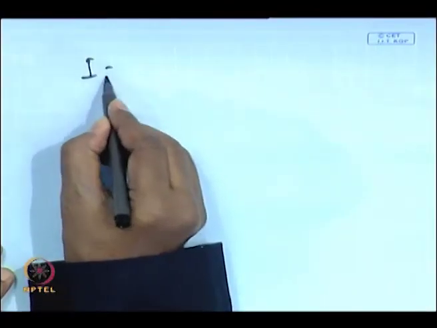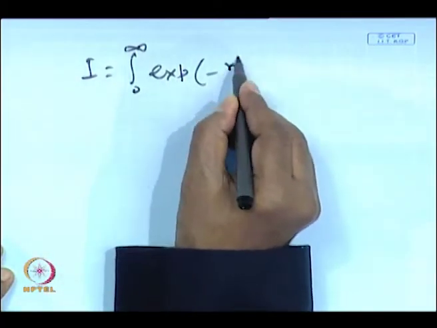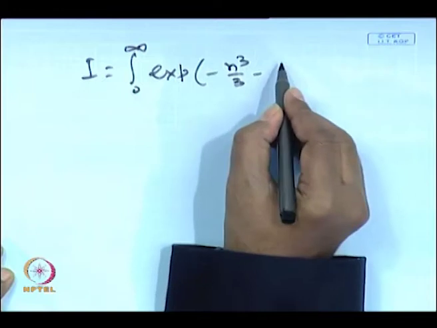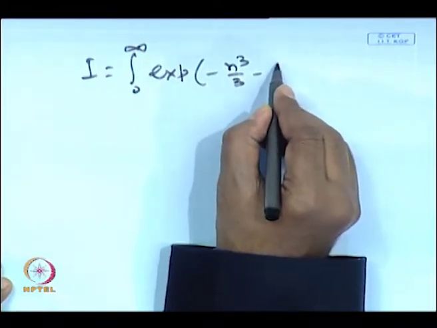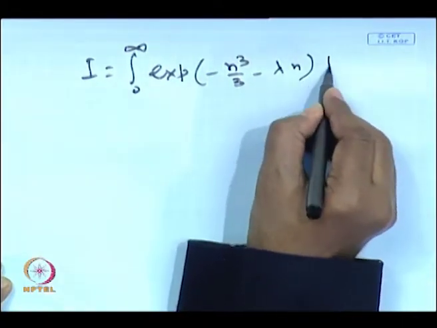Now, if you remember, the expression of I becomes the integral from 0 to infinity of exponential of minus eta cube by 3 minus lambda eta, d eta.